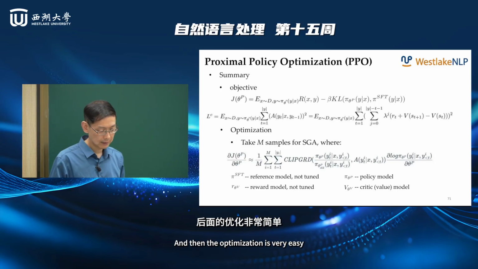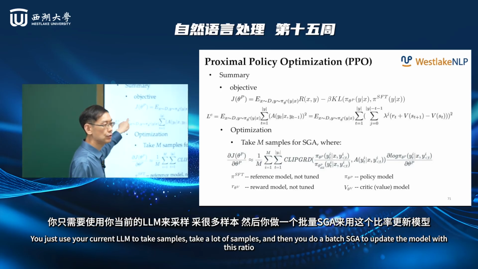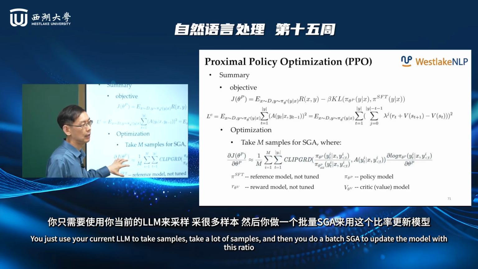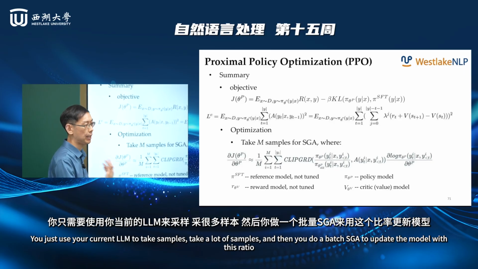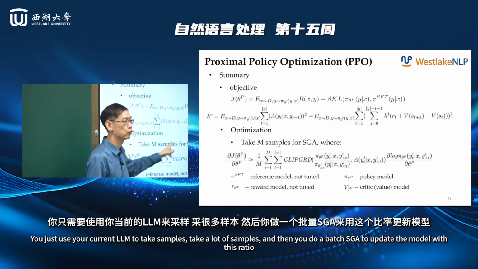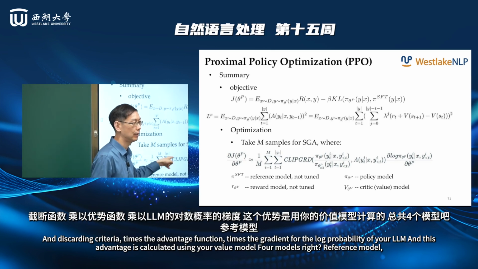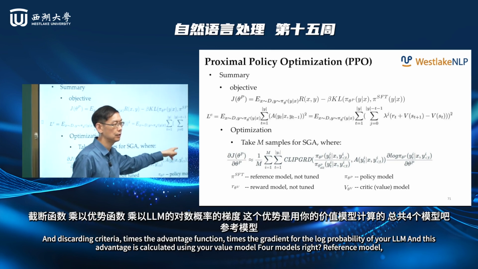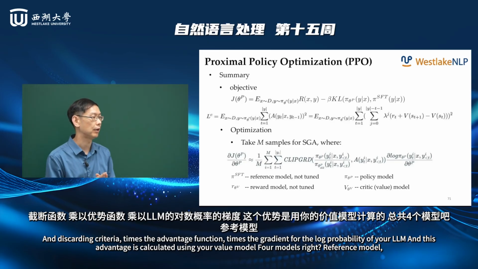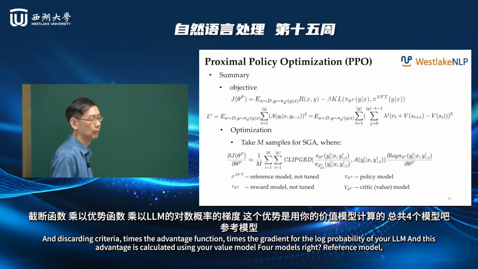The optimization is very easy. You just use your current LLM to take a lot of samples, and then you do batch SGA to update the model with this ratio and discarding criteria times the advantage function times the gradient of the log probability of your LLM. And this advantage is calculated using your value model.